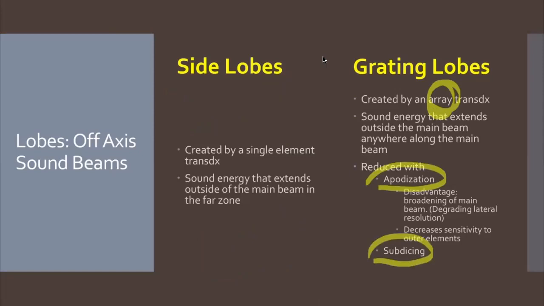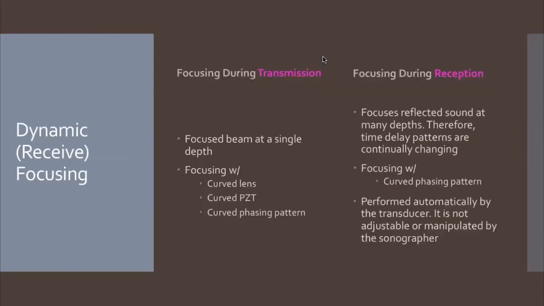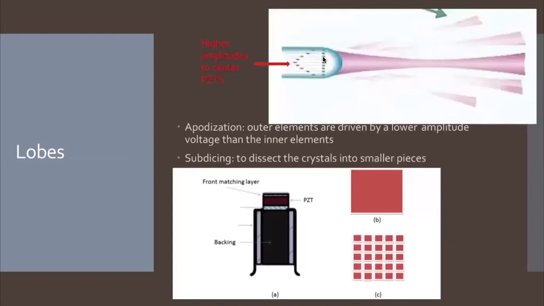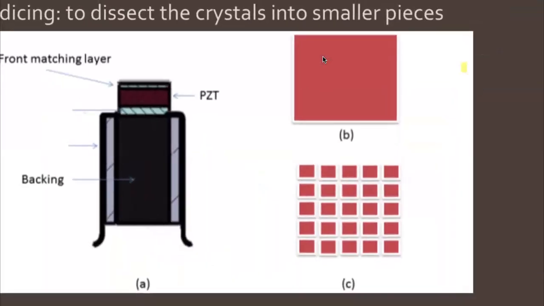Subdicing I'll talk about first because it's super easy to understand. Subdicing is where one PZT is actually diced up, just like you would dice an onion or a tomato, into a bunch of smaller PZTs.